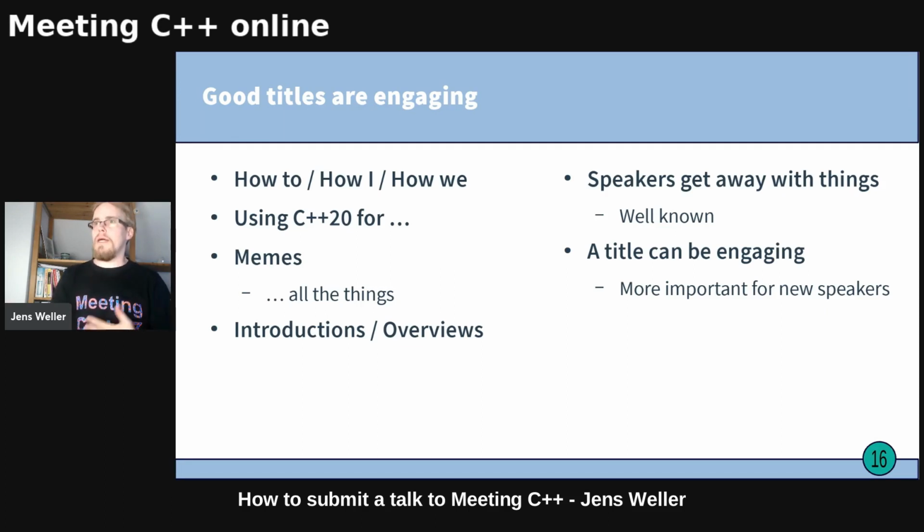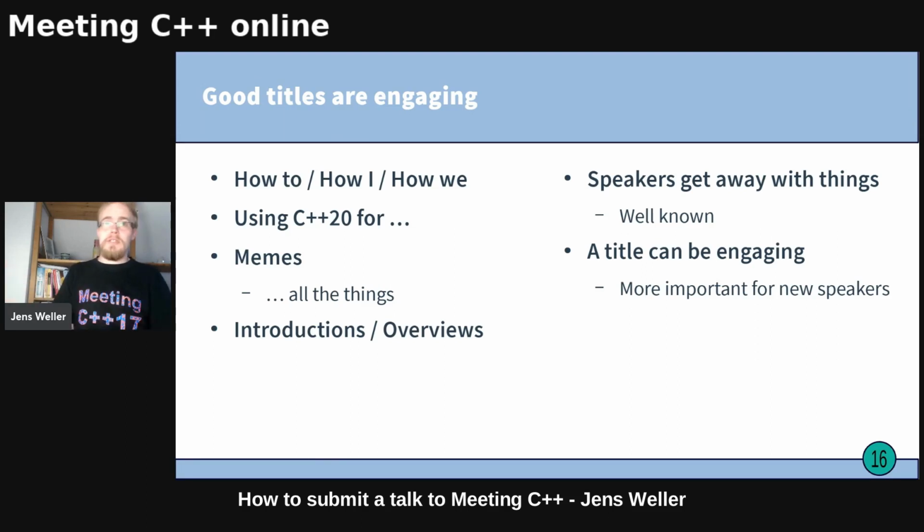Okay. And let me point out that, of course, all those rules are broken by well-known speakers. Because if you know the rules, you can break them like an artist, and well-known speakers often get away with more things in that regard, because people come to their talks because they have a proven track record of giving good talks. And then people are like, well, where should I go? Oh, I know that speaker.